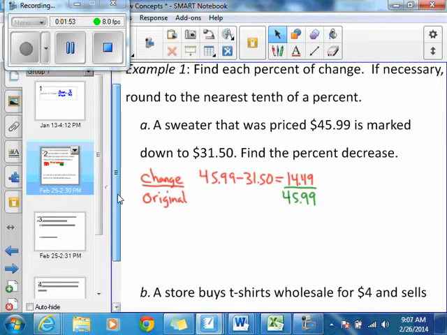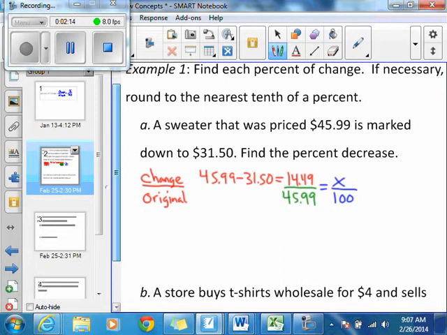Now for some of you, you can type that in as a division problem in your calculator and move the decimal point 2 places over, get your percent that way. Most of you, however, prefer to cross multiply, so I'm going to set it up that way. 100 always goes on the bottom, and then we don't know the percent, so we call that x.